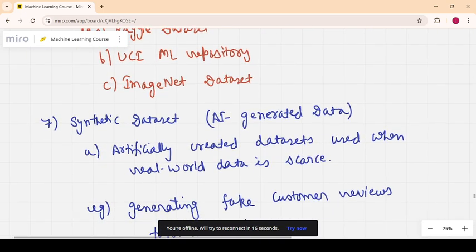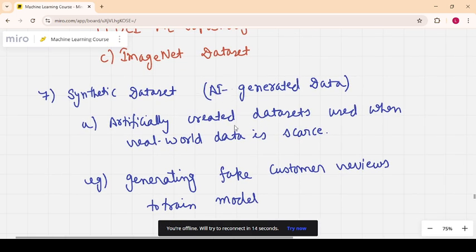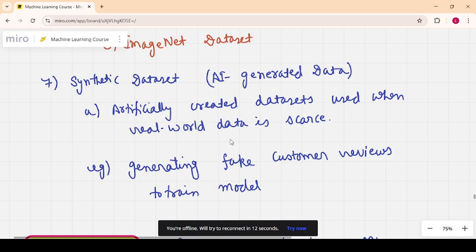Synthetic data sets are used because data is rare. We cannot get a data set; it is scarce. So how do we generate a data set? We try to generate it through AI models. They generate synthetic data sets which can be used to build AI models that become more robust.